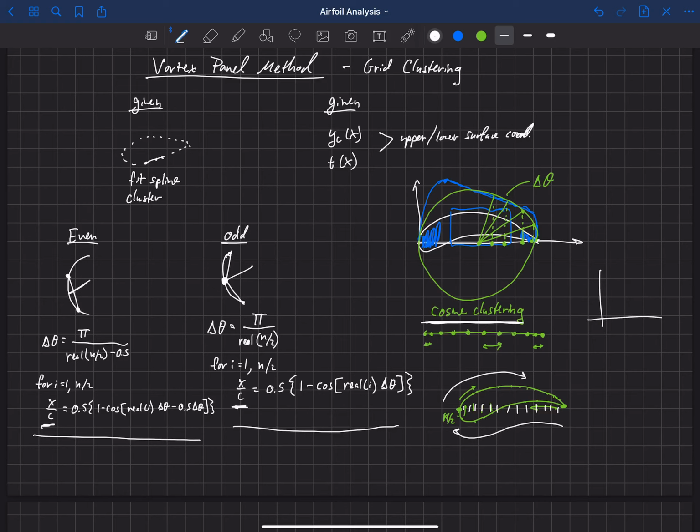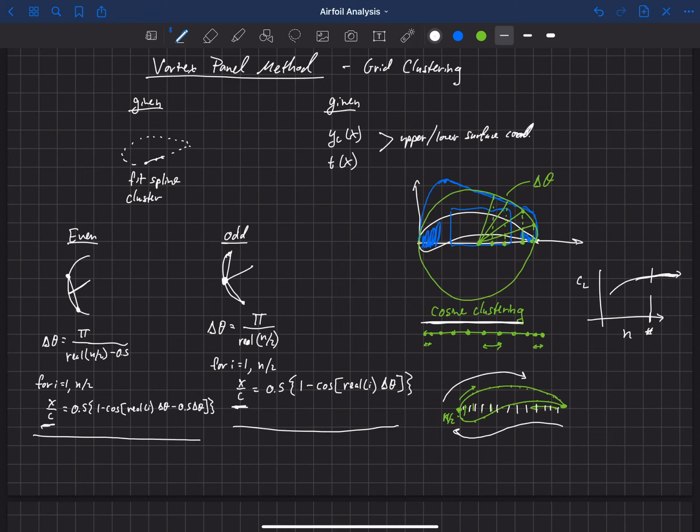So if we looked at it as a function of the number of nodes that we're using, we want our lift coefficient, for example, to level out. And at some point we're going to say, you know, this is level enough, and this number of nodes right here is sufficient to give me a good solution. And for some reason, cosine clustering just grid resolves more quickly than other clustering methods.